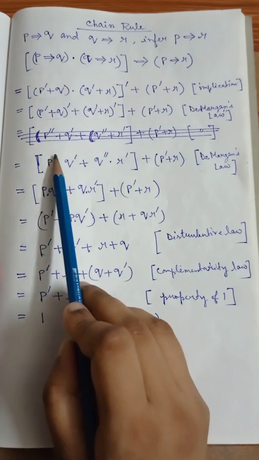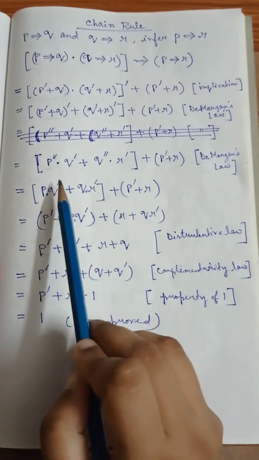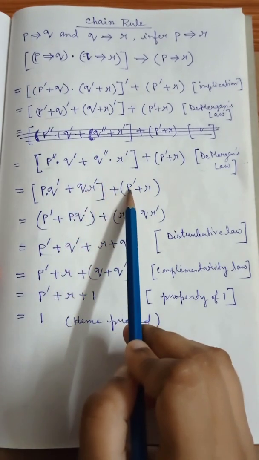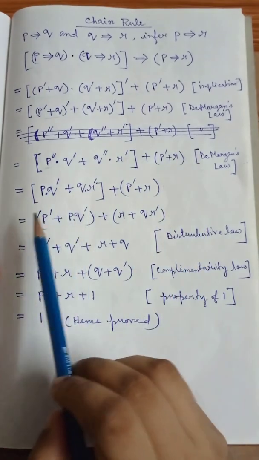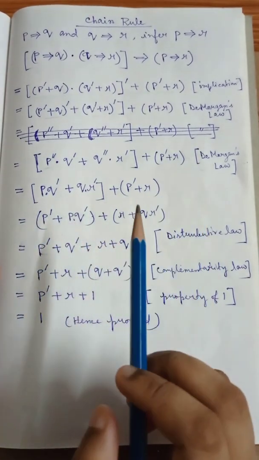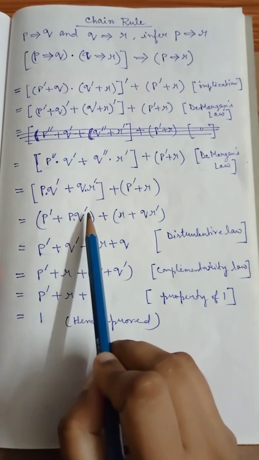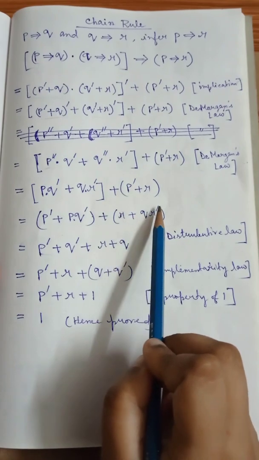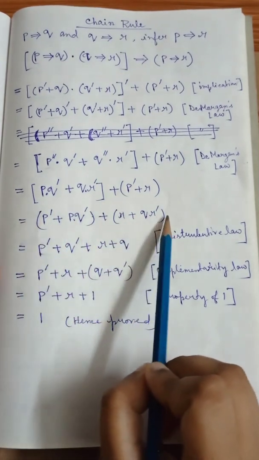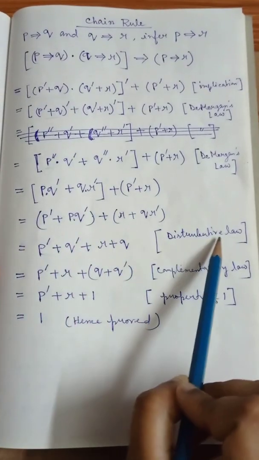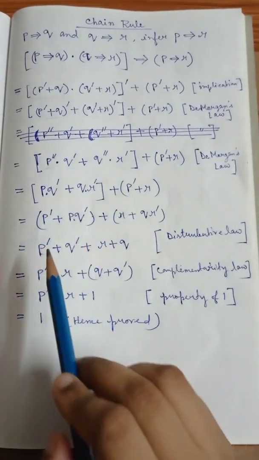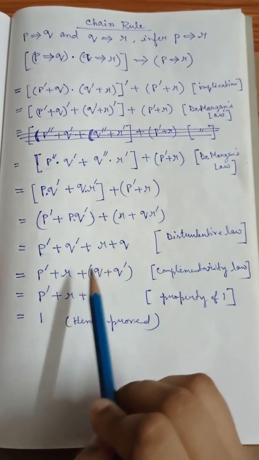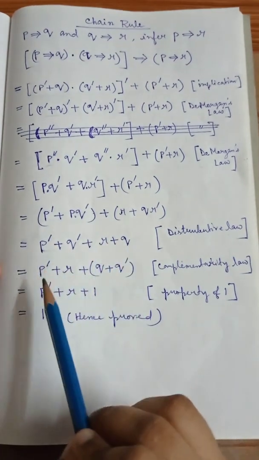So P double complement becomes P, giving P dot Q complement plus Q dot R complement plus P complement plus R. Now we just rearrange this. P complement plus P dot Q complement, next is plus R plus Q dot R complement. Now we use distributive law, third law of distributive law. It becomes P complement plus Q complement plus R plus Q.